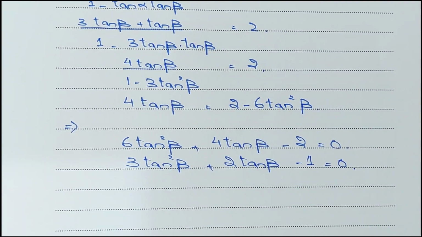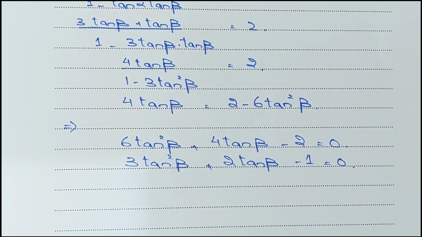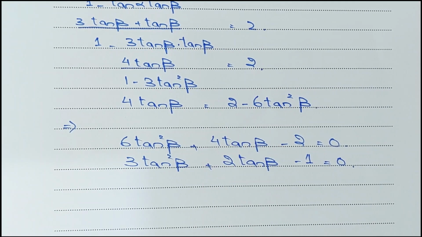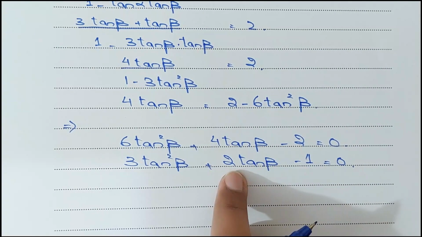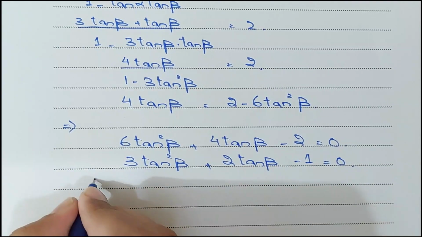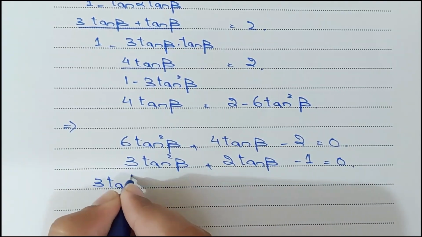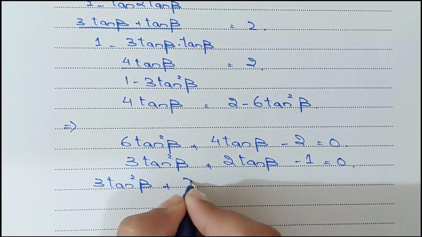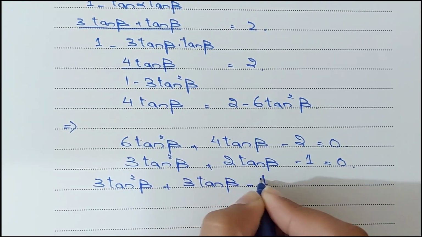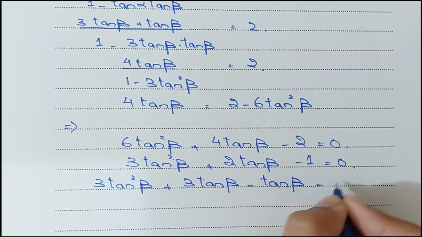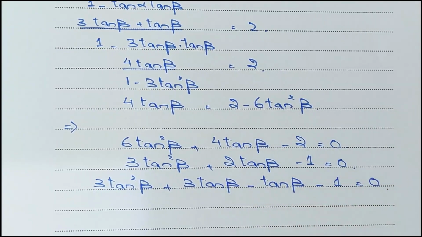Right? So let me solve this by using the quadratic formula or factorization. Right? So 1 times minus 3 is minus 3. And 3 minus 1 gives me 2. Okay, so 3 tan square beta plus 3 tan beta minus tan beta minus 1 equals 0, the factorized form.